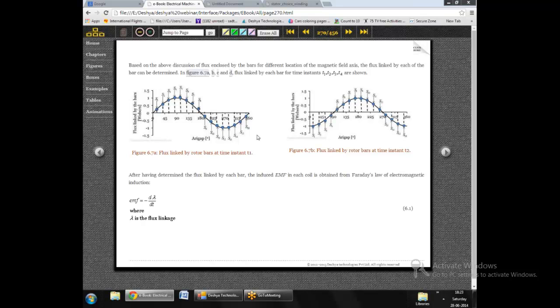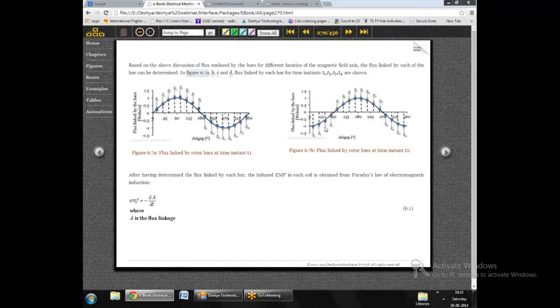The flux lines enclosed by the rotor bars are also sinusoidal, because we have assumed the field produced by the stator winding is sinusoidal. So this is the situation of the flux linked by the bars at time instant t2, and here is the situation of the flux linked by the bars at time instant t2.